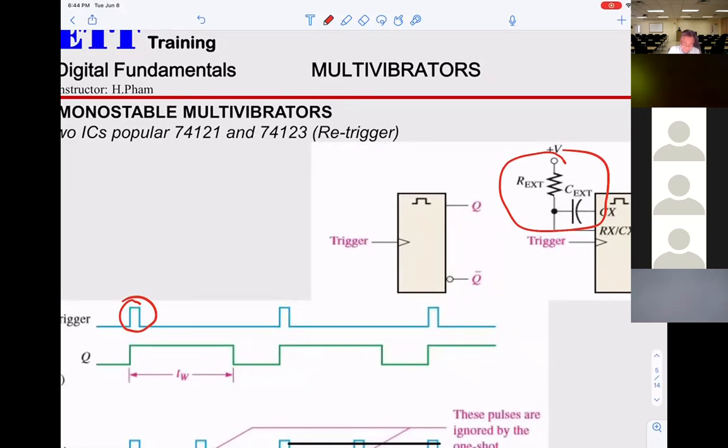The period, or the TW, the width of the pulse, depends on R and C. Every time there is a positive trigger right here, the output goes up, then how long it takes to go down depends on R and C.